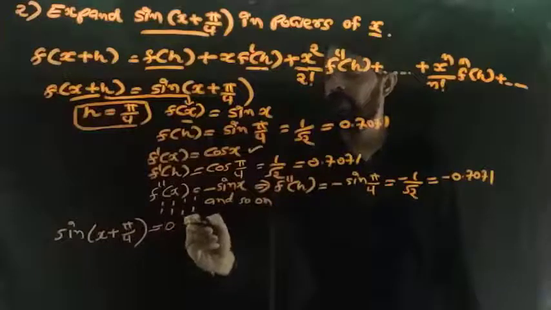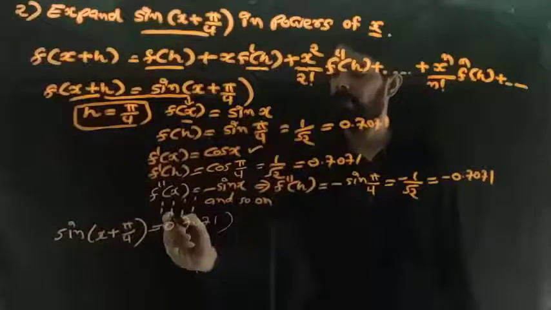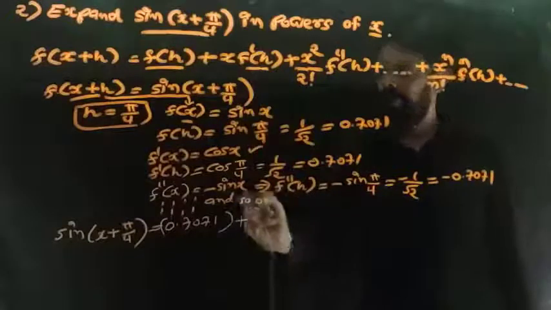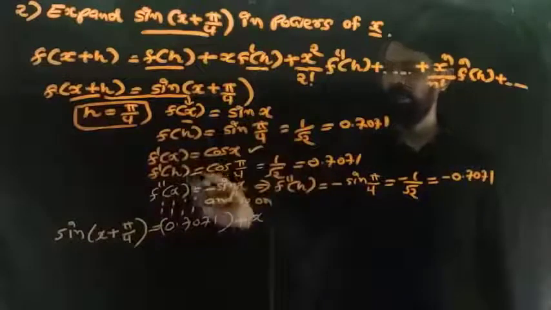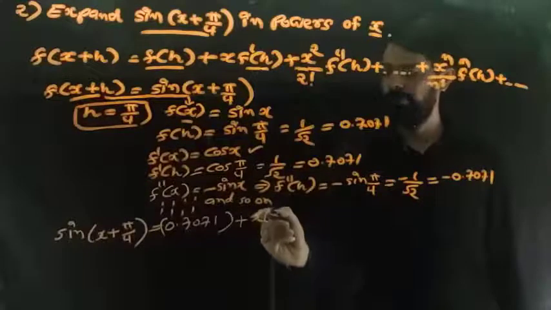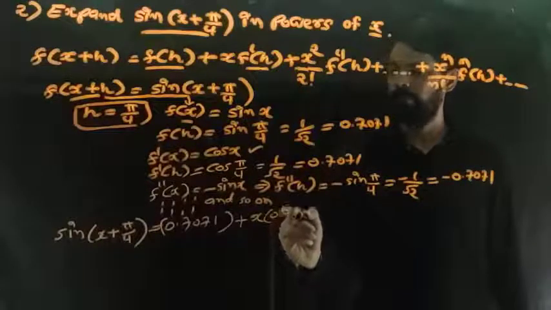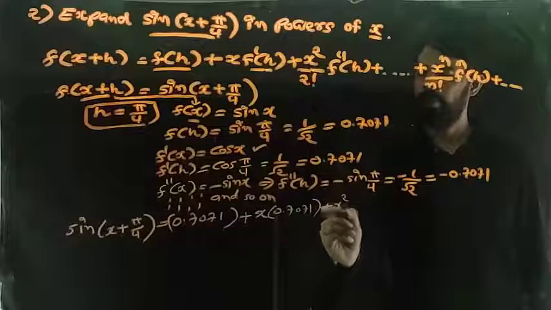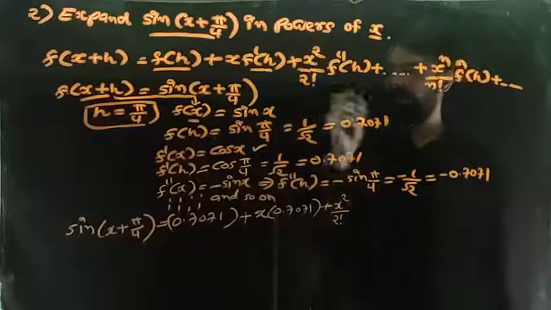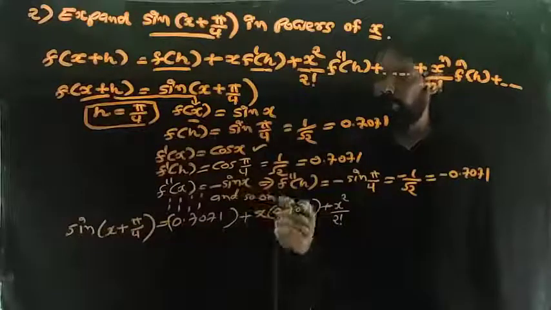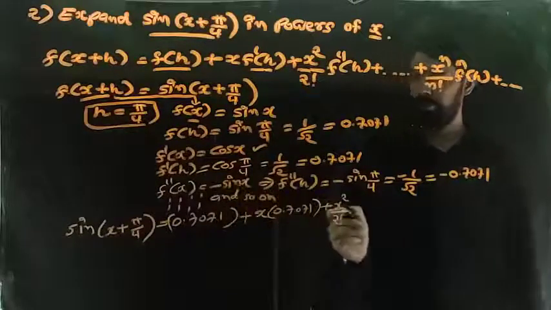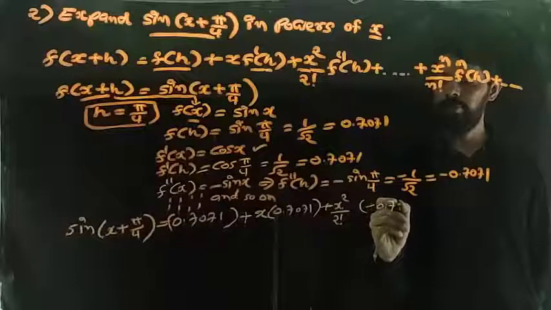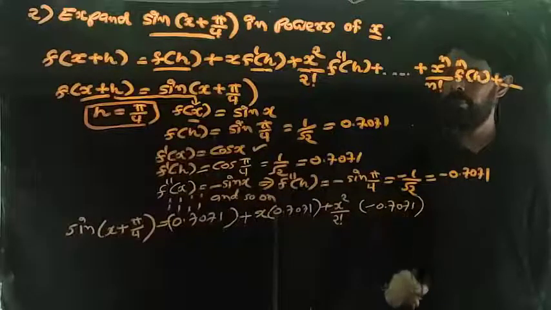So we write down 0.7071 plus x into f dash h, whose value is 0.7071, plus x square by 2 factorial into f double dash h, whose value is minus 0.7071.